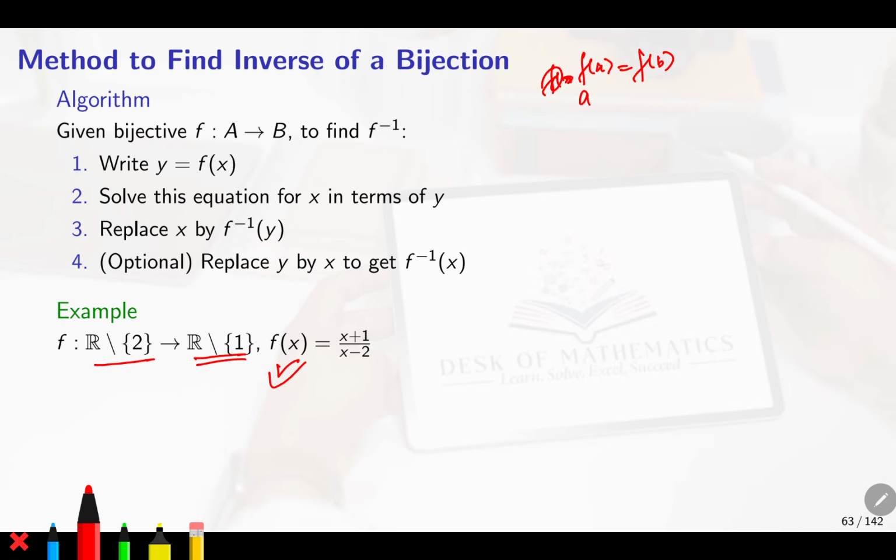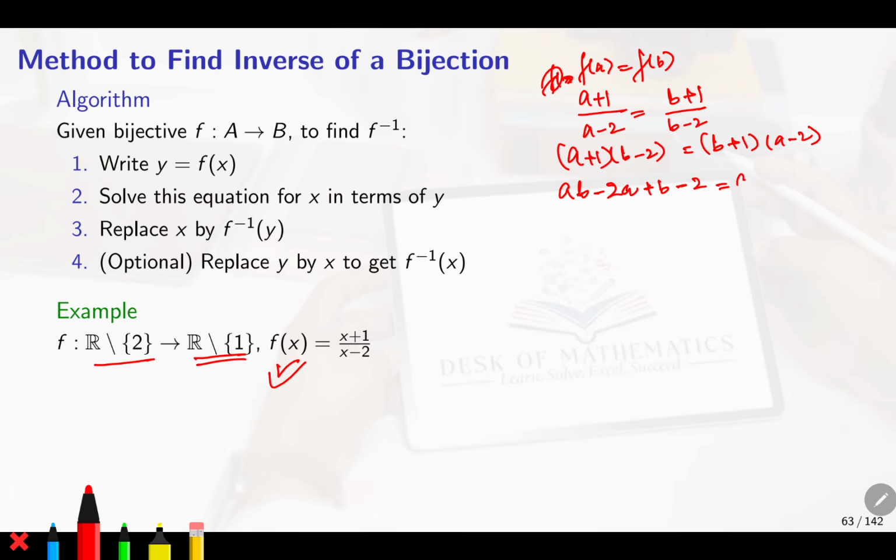So a plus 1 over a minus 2 equals b plus 1 over b minus 2. Cross multiply: a plus 1 times b minus 2 equals b plus 1 times a minus 2. What will you get? ab minus 2a plus b minus 2 equals ab minus 2b plus a minus 2.